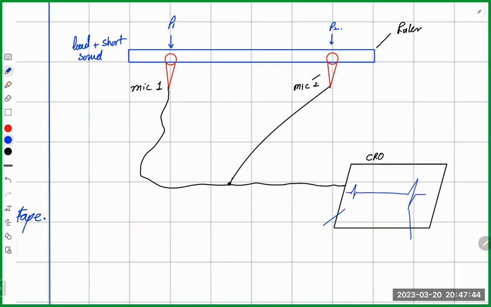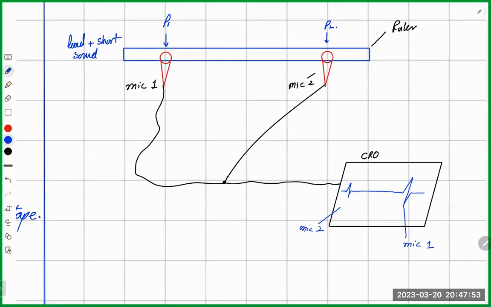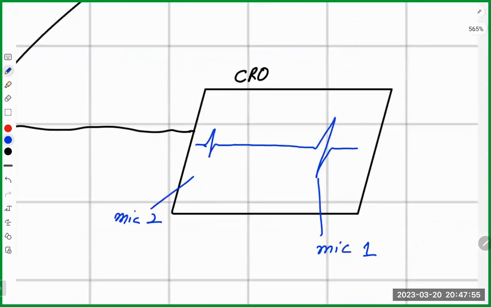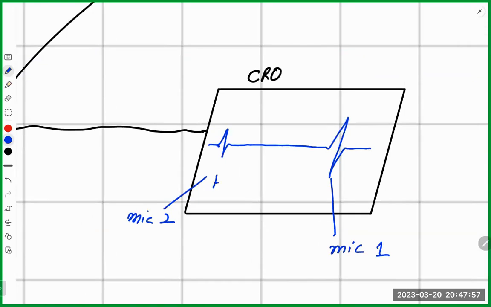Actually, mic 1 will send first, then mic 2. On the CRO, we can find the boxes from there to there.